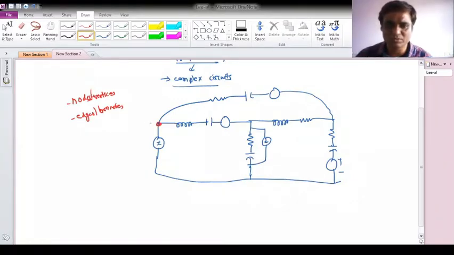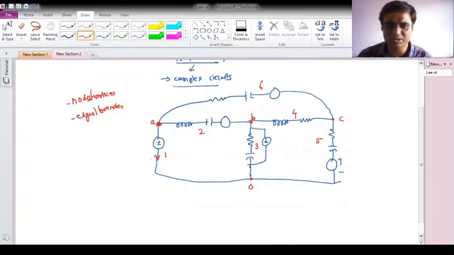Here this is one node, let me call it A, this is the second node B, third node C, and fourth node let's say O. So in this case there are four nodes. And how many branches? Let me name them: this is 1, 2, the third branch, this is fourth, suppose this is fifth, and this is sixth. In a circuit it is also very important to mention the direction.